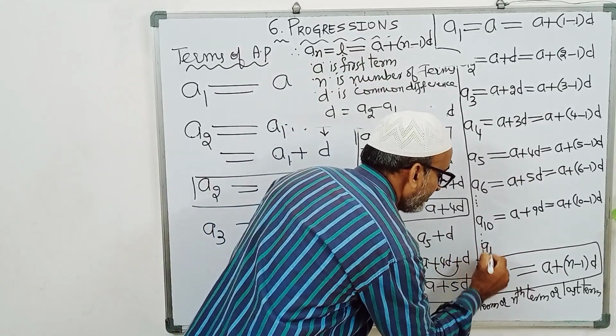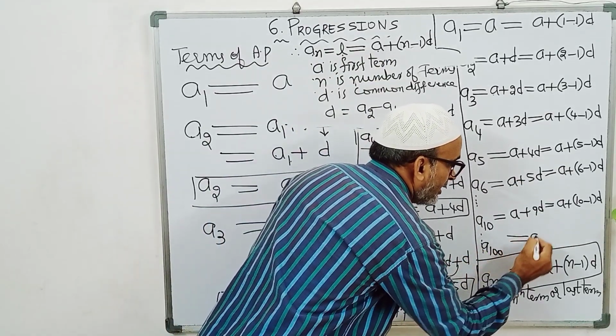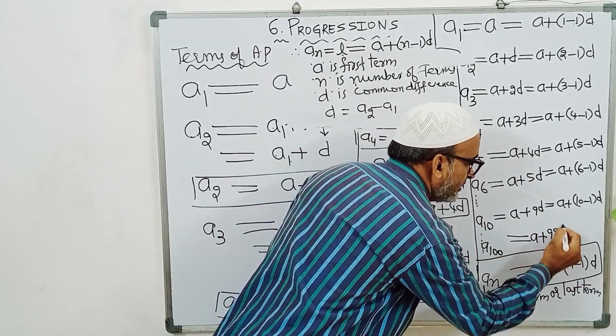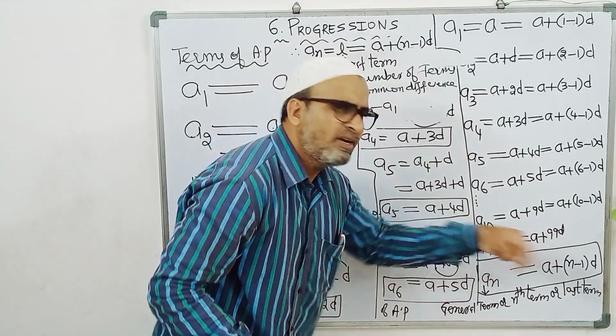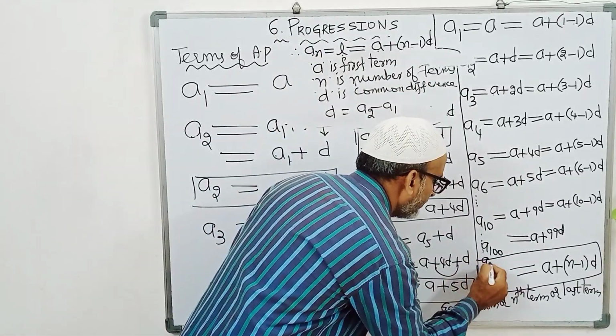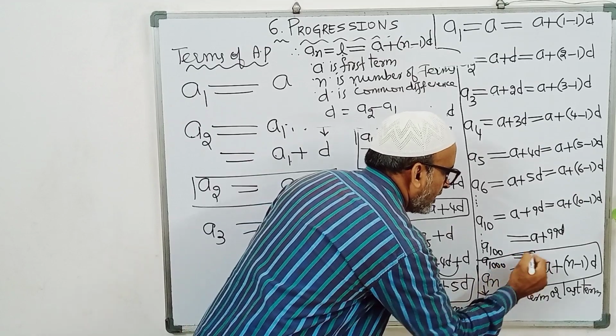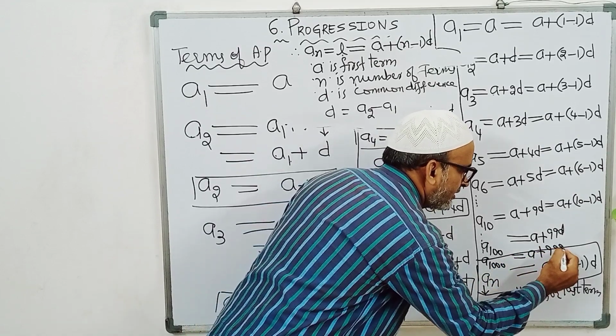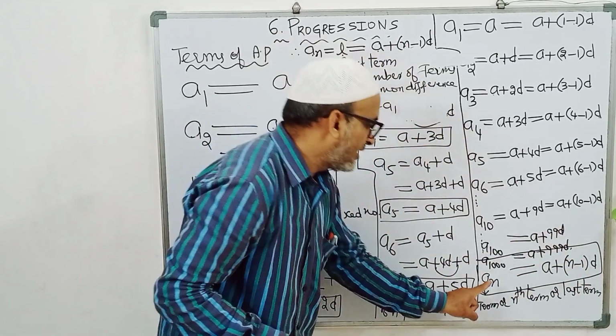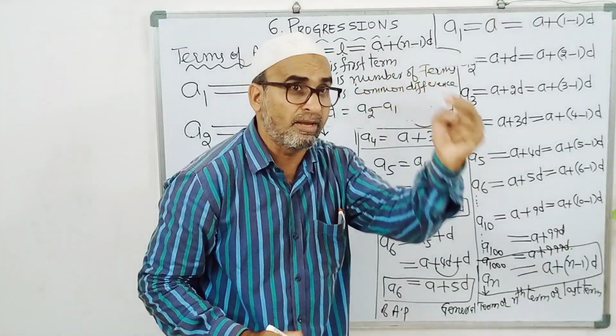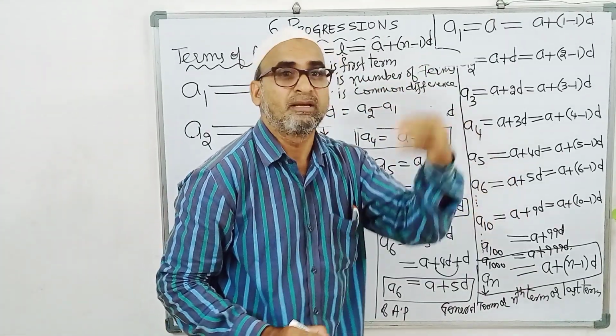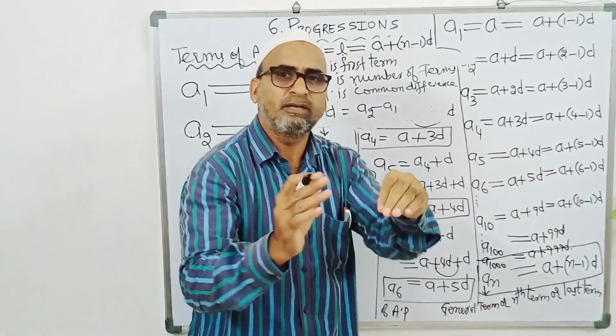A100, A plus 99D, 100 means 1 less. A1000, A plus 999D. An is A plus (n minus 1) into D.